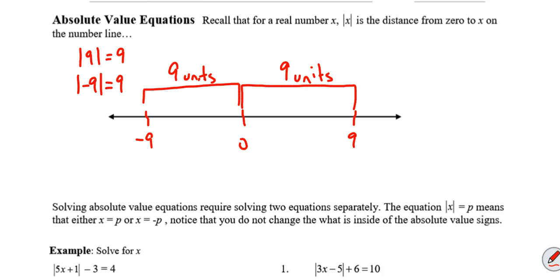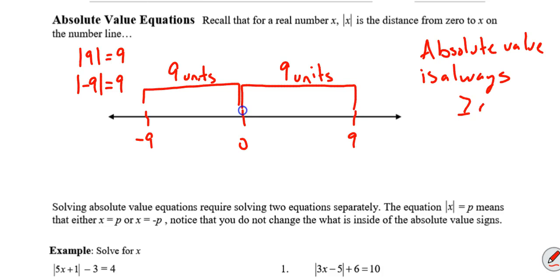Distance is always positive, so absolute values will always be greater than or equal to 0.